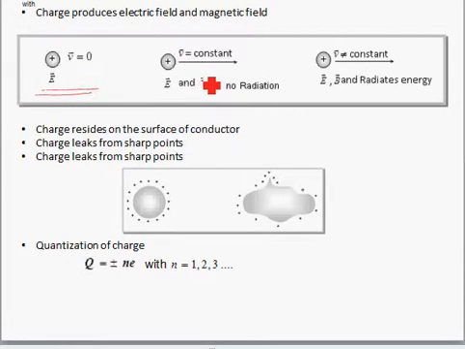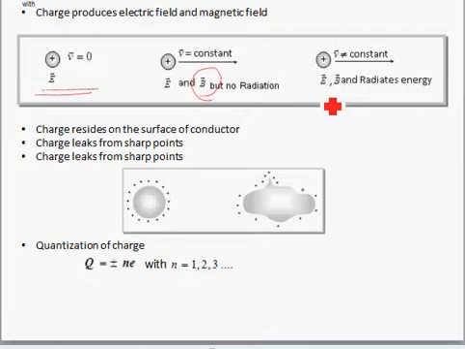When it is moving with a constant velocity v vector, it is producing both electric field and also magnetic field. In the chapter of magnetism, we will come to know that magnetism is always produced due to motion of electrons. Without any motion of electrons, no magnetic field is produced.